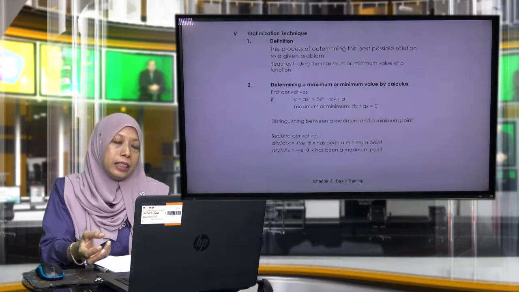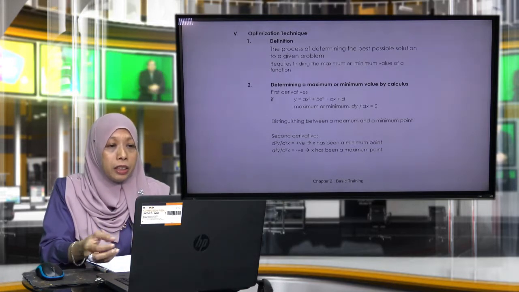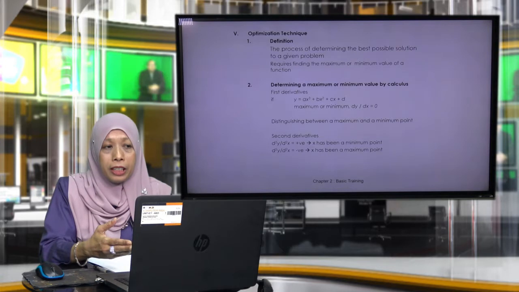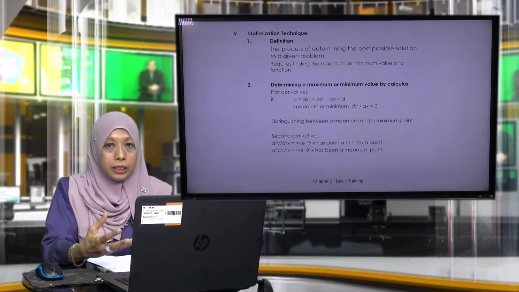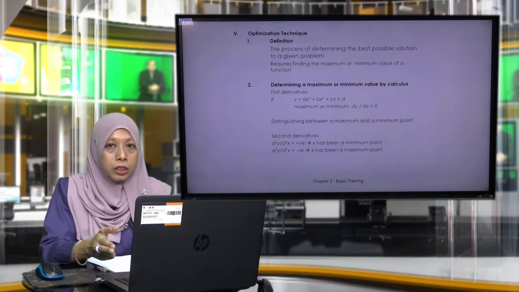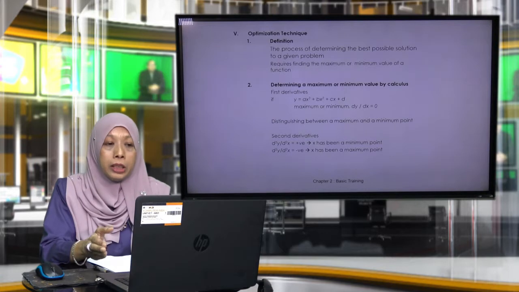Optimization is the process of determining the best possible solution to a given problem. As you can see here, the definition of optimization matches the main focus of managerial economics, which is to find the best possible solution.